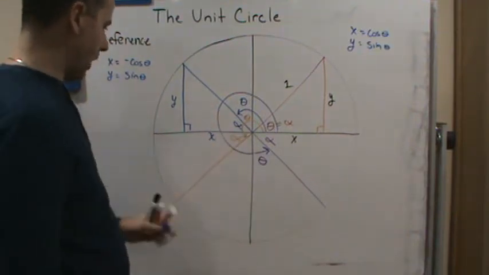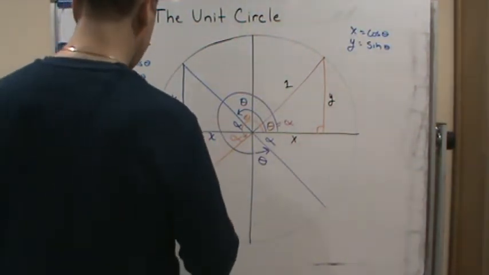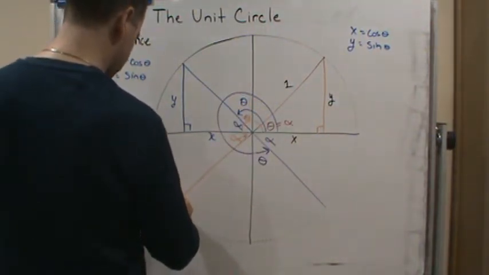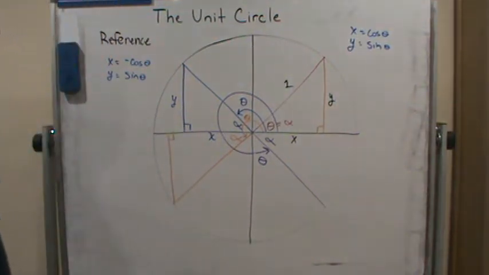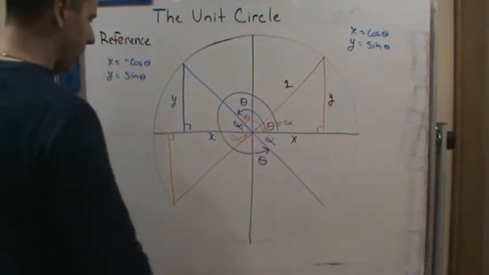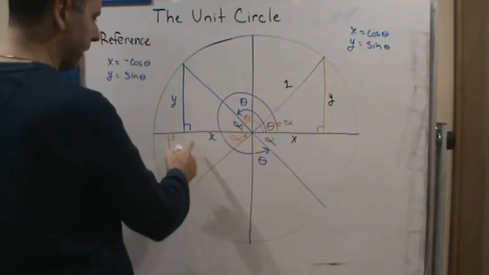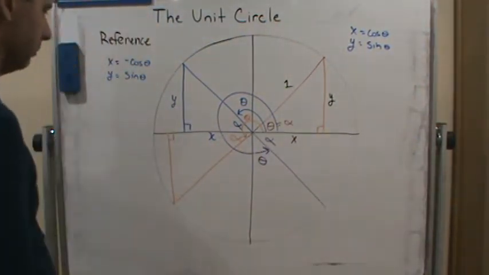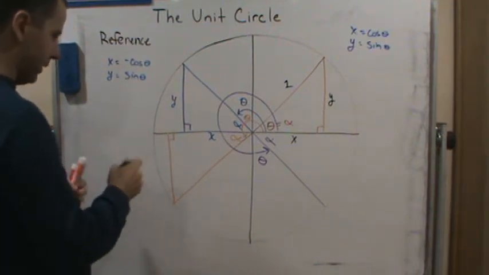What if you're in the third quadrant? Now we've got this triangle. My circle's not the best, so just pretend my triangles are the same. If I compare this with this, now my y and x are both negative.